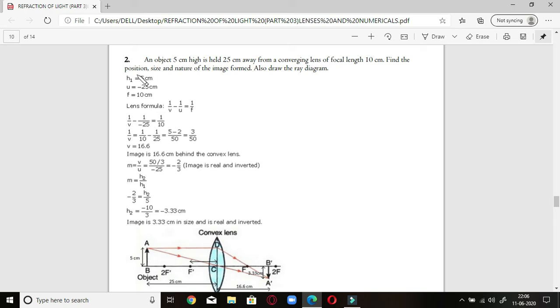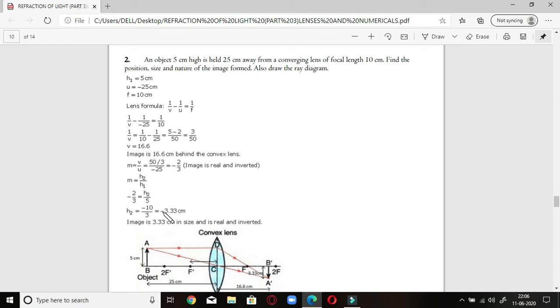But what is left is the size and nature of the image, which will be found by magnification, as m is equal to v upon u. With the help of m, h2 comes out to be minus 3.33 centimeter. This gives us the other two parameters, size and nature.